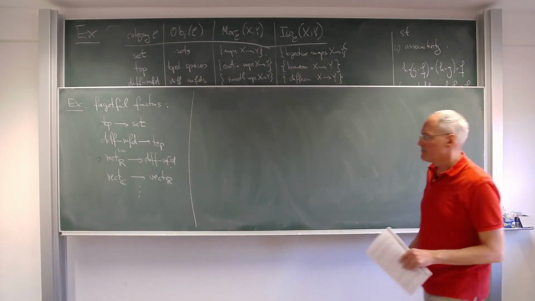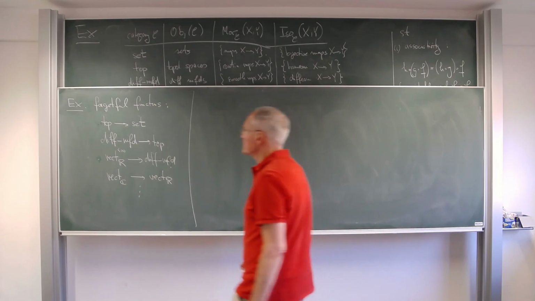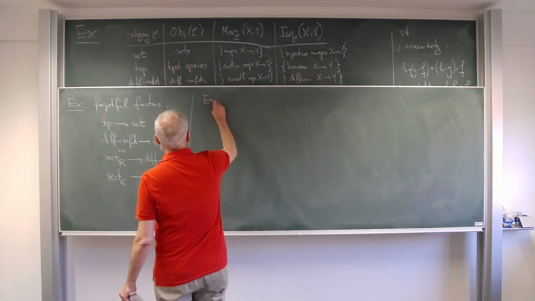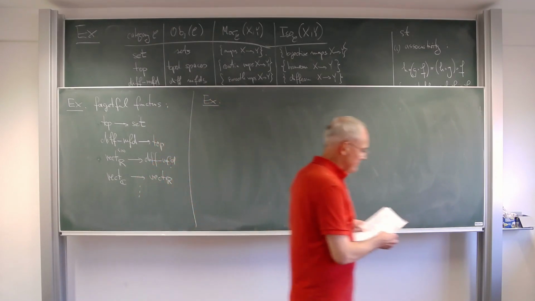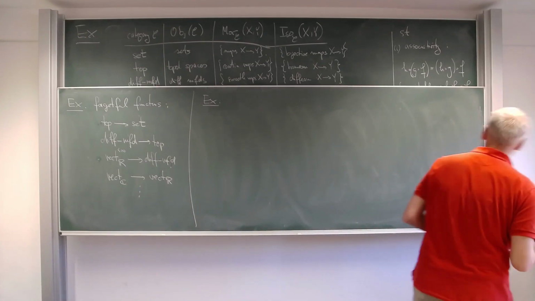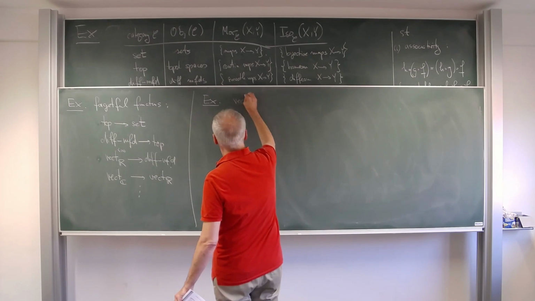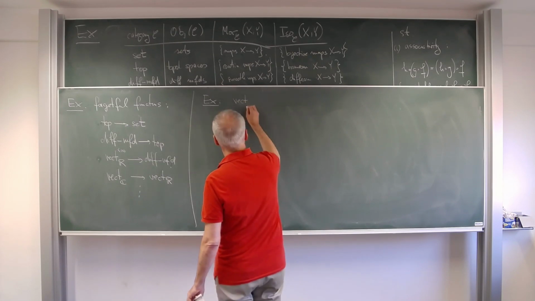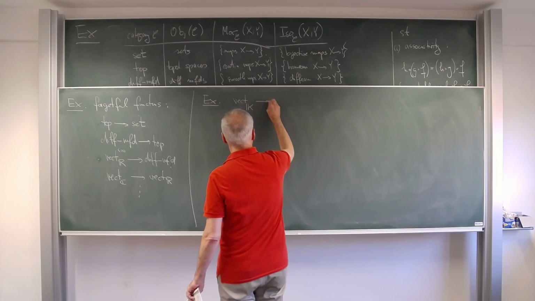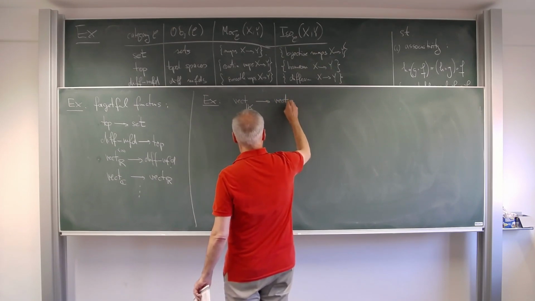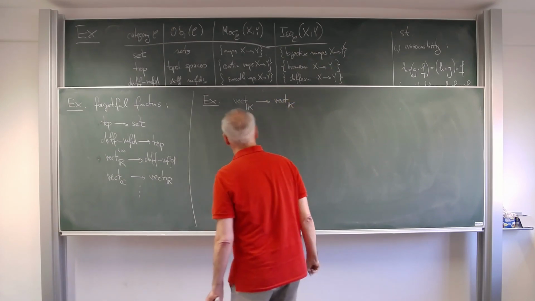Okay, yes. Other functors are of a more algebraic nature. For example, you could have a functor from vector spaces over some field to vector spaces over the same field.